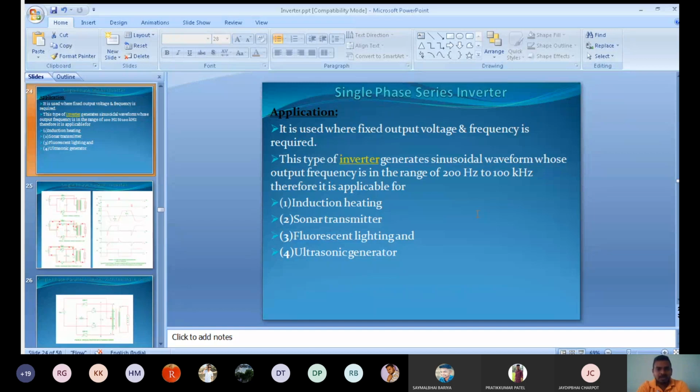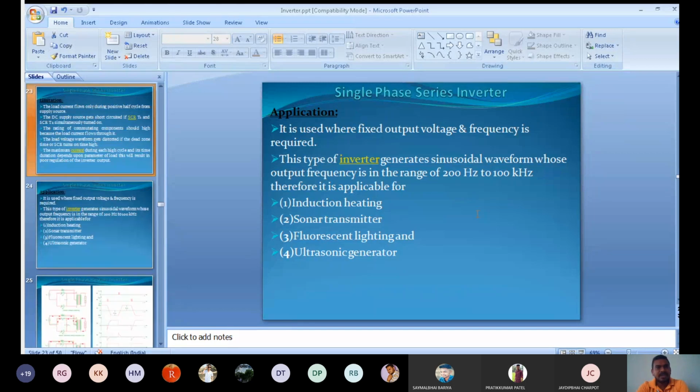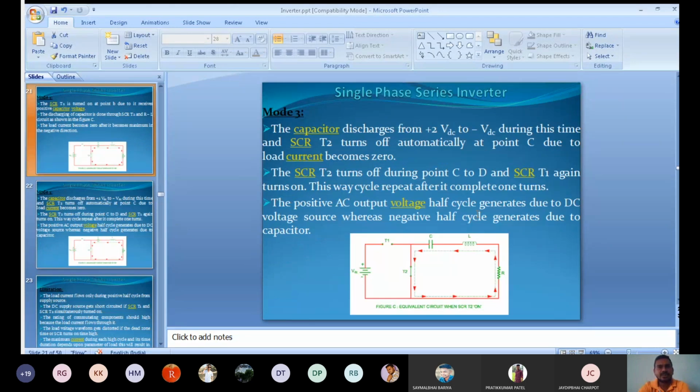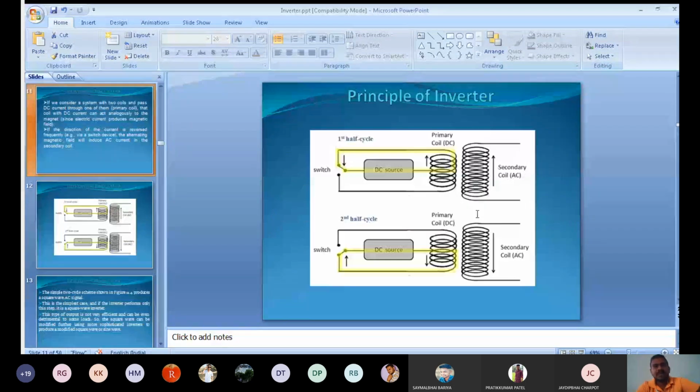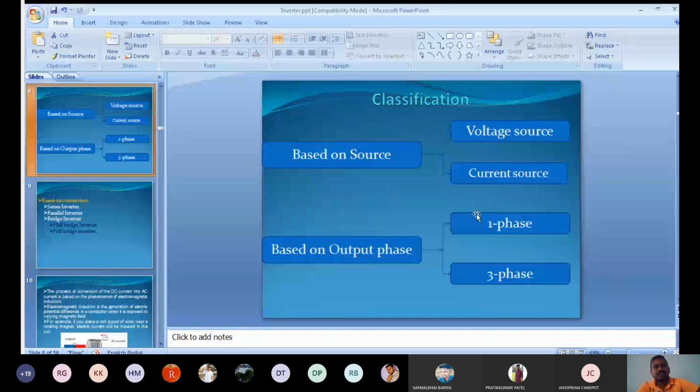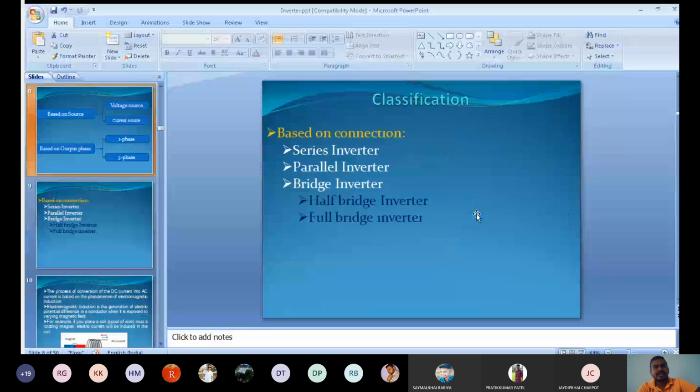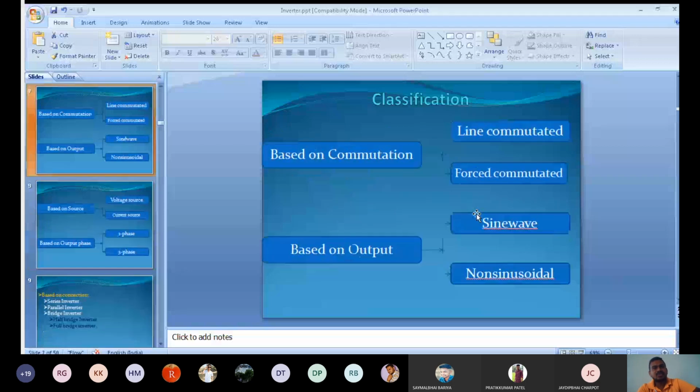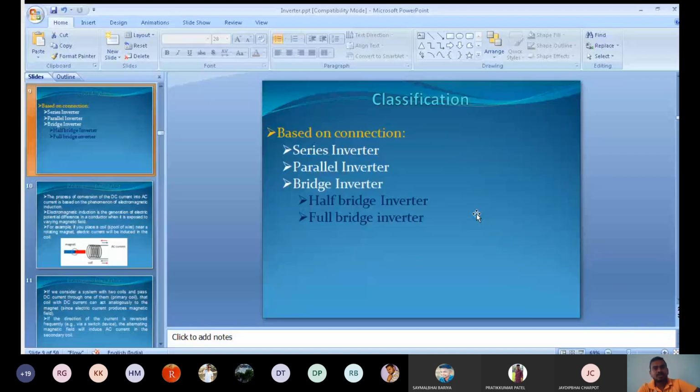Okay, so today we discussed the basics of inverter, that is, an introduction to the inverter, then classification of inverter. In classification we have based on source, based on output phase, based on connection, based on commutation, based on output.